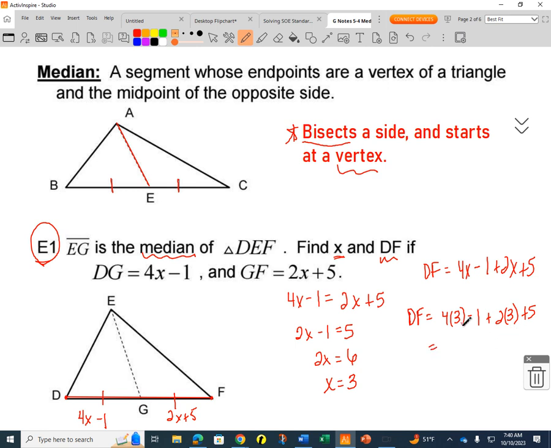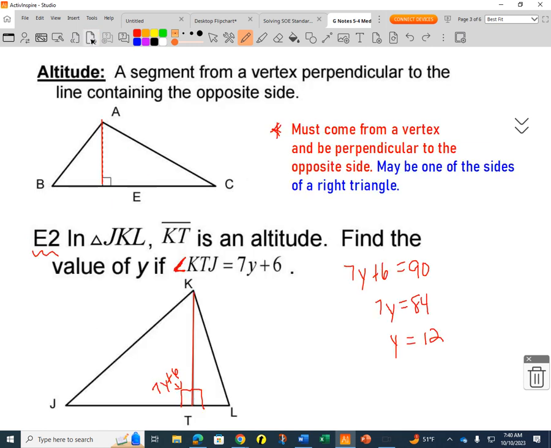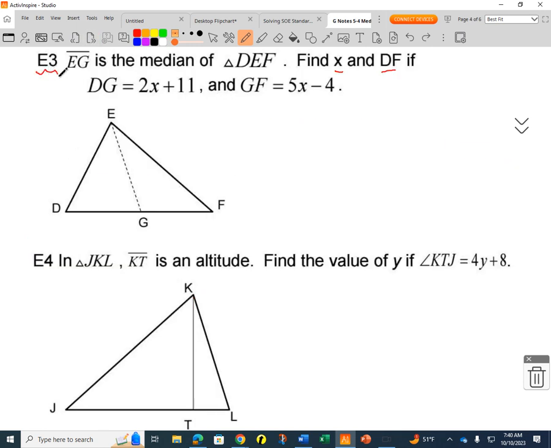I'm going to do the multiplication first: 12 minus 1 plus 6 plus 5. 12 minus 1 is 11, plus 11 is 22. So DF has a length of 22. You could have just done one of the lengths, DG or GF, and then multiplied by 2 because they're the same length. Okay, going back to example 3.